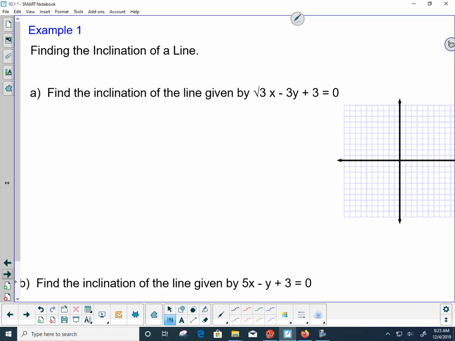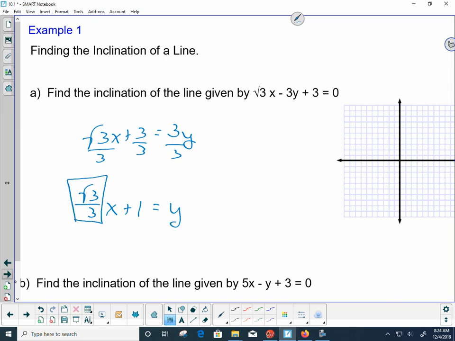I'm going to rewrite it as the square root of 3 x plus 3, putting 3y on the other side. Divide everything by 3. So we have the square root of 3 over 3 x plus 1 is equal to y. That's all I really needed. So my slope is the square root of 3 over 3.